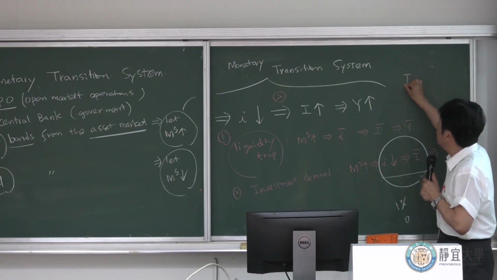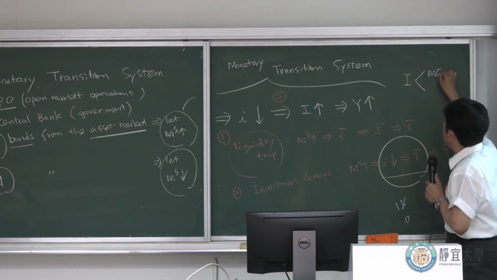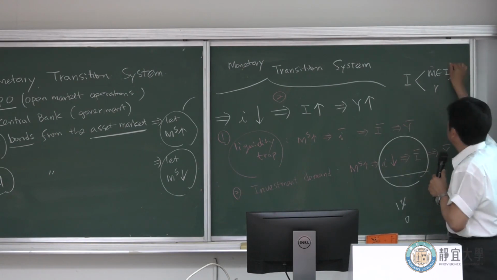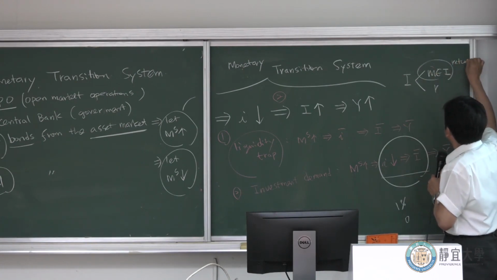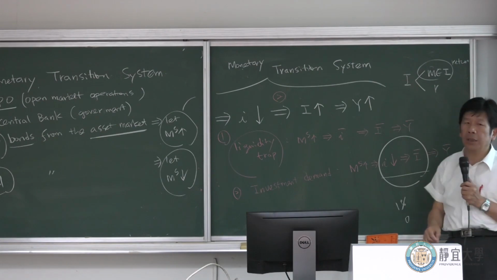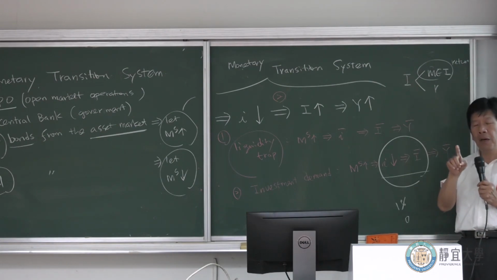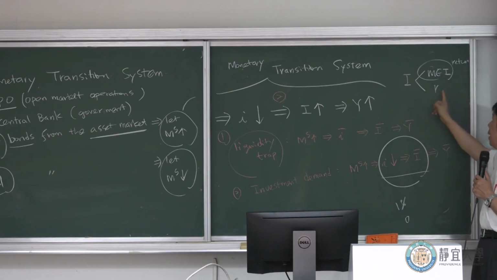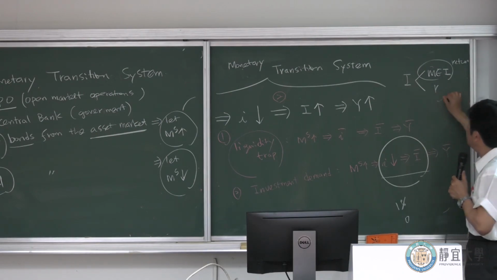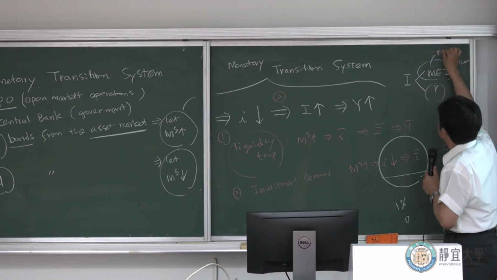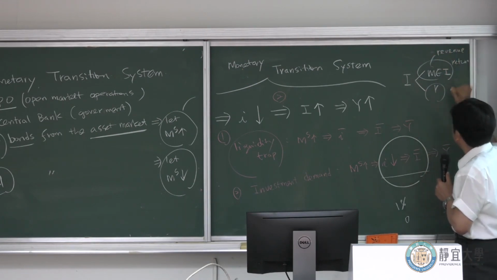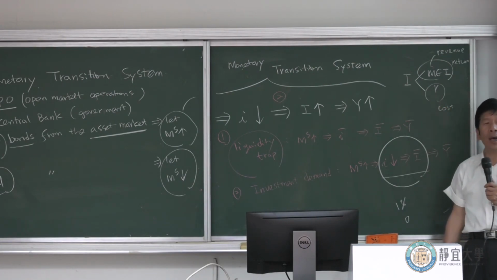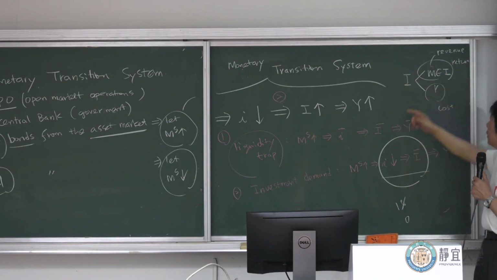Because investment actually depends on MEI and R. MEI represents your return. If you do any investment, you want a higher return. This is the value, and R is the cost. Do you know what MEI is?